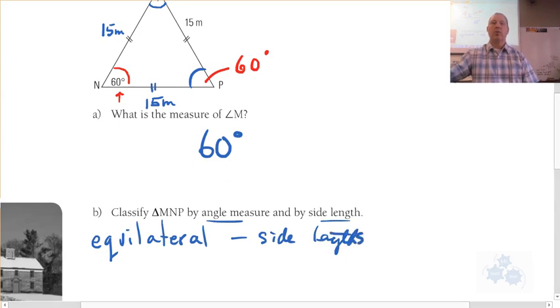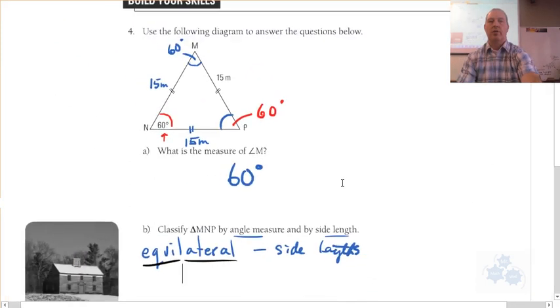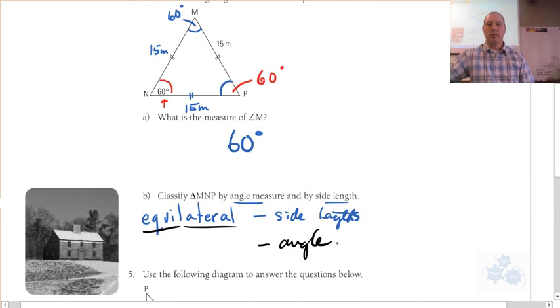The only reason I say that is because, remember, equilateral means equal sides. And what's another way we can classify this according to angle measure? It's what kind of triangle? Yeah, it's an acute. Awesome.